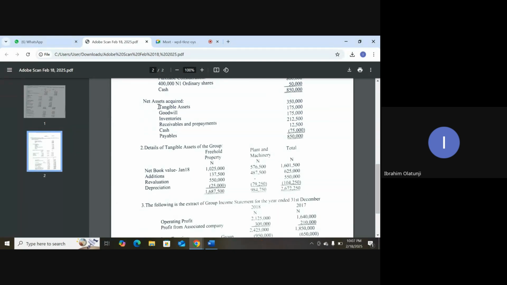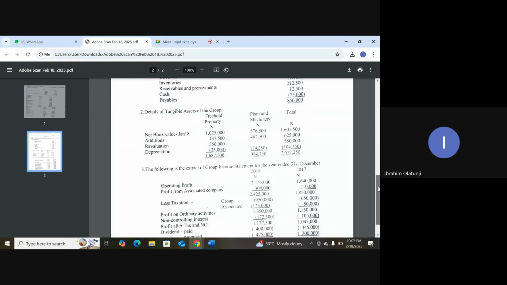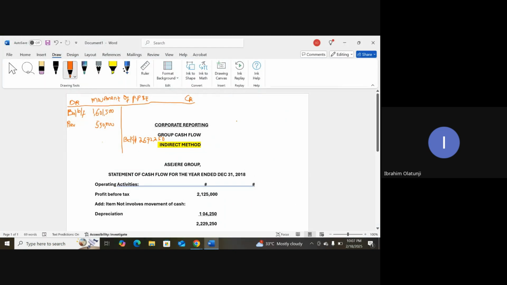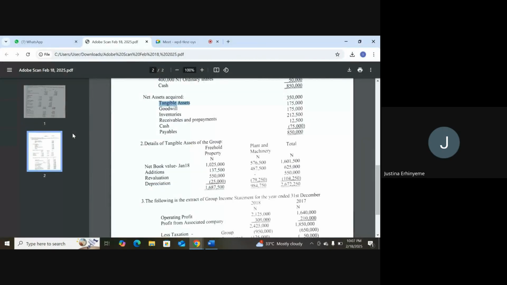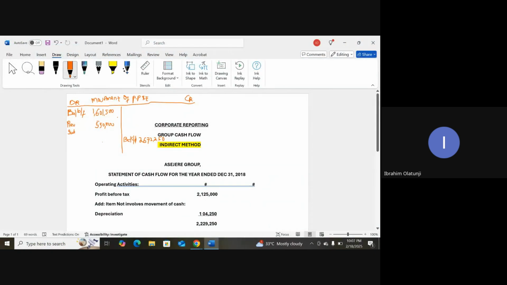And see, tangible assets, subsidiary information, subsidiary. How much is that? 350. Then there's a depreciation.